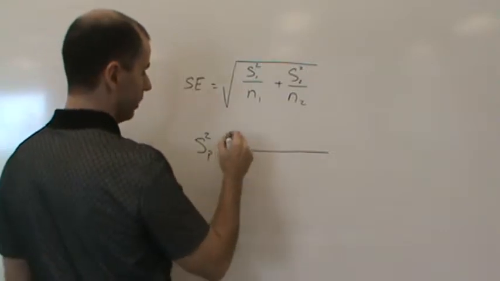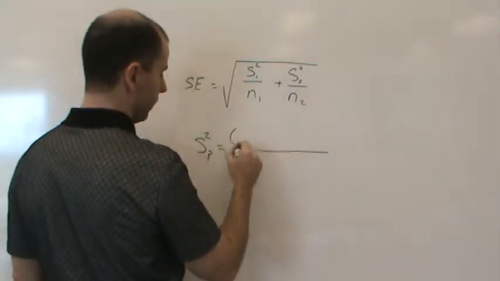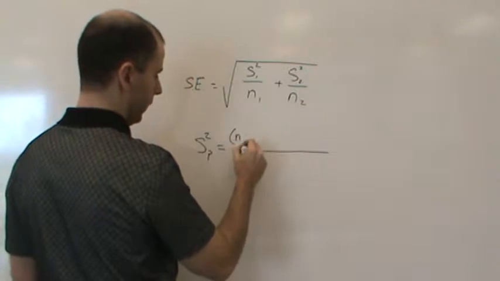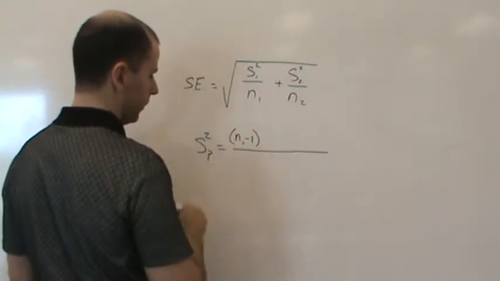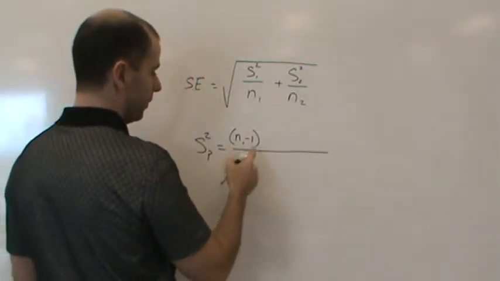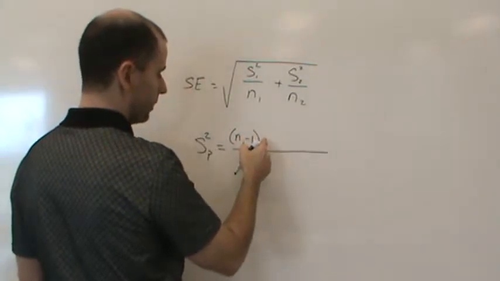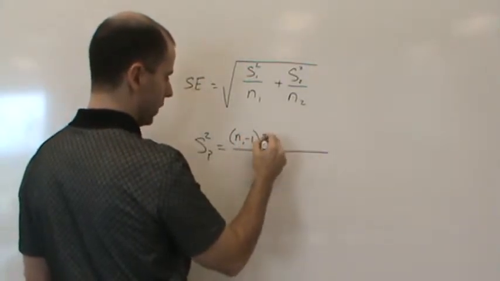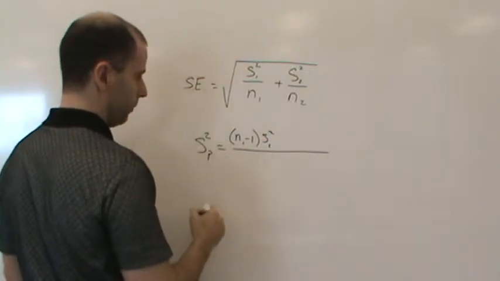We take the degrees of freedom of the first sample, N1 minus 1, multiply it by the variance of the first sample, so that's S1 squared.